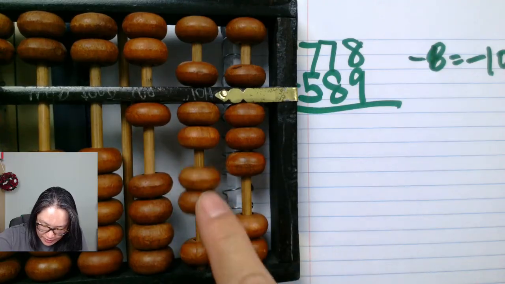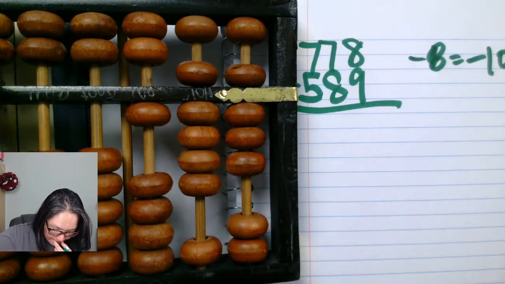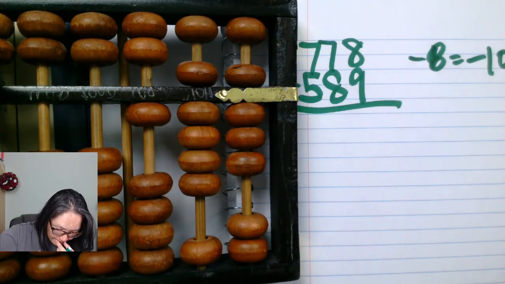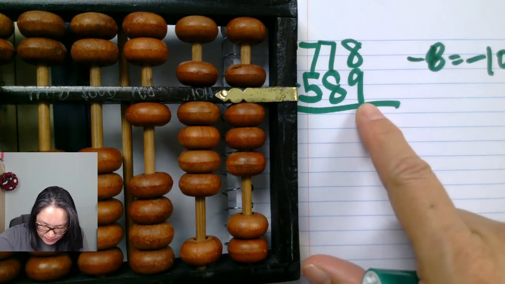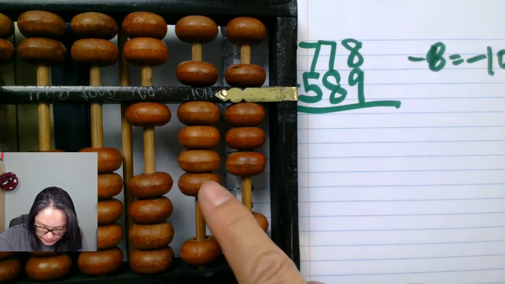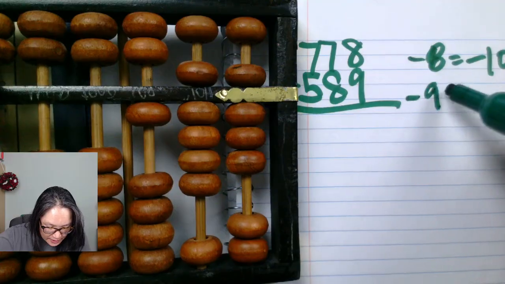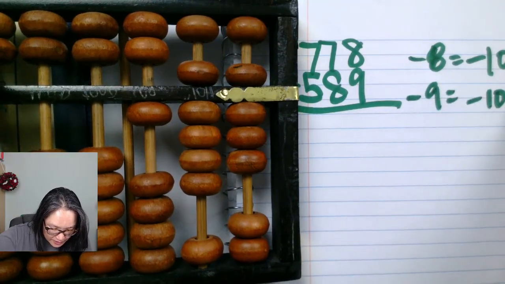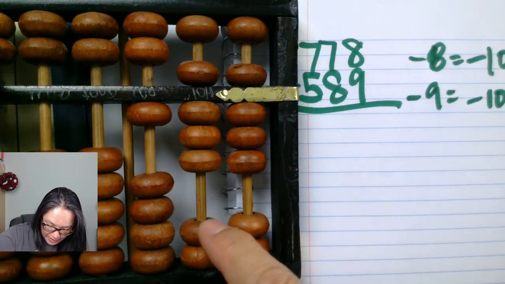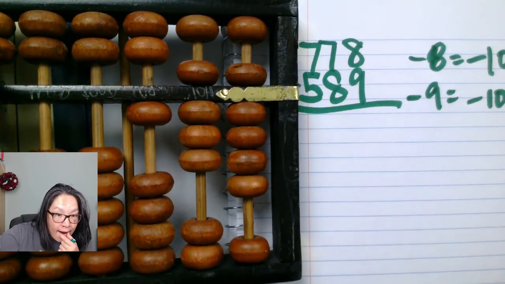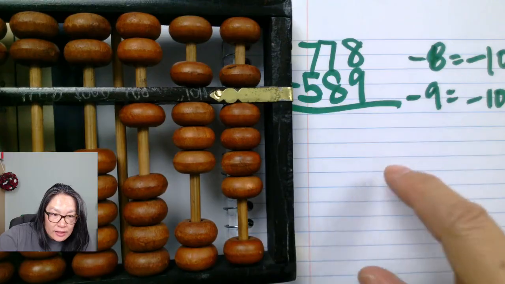Minus the 10 plus the 2. And then minus the 9. You still need a minus the 9 is equal to minus the 10 plus 1. Minus the 10 plus the 1. Yeah. You would still need the formulas.